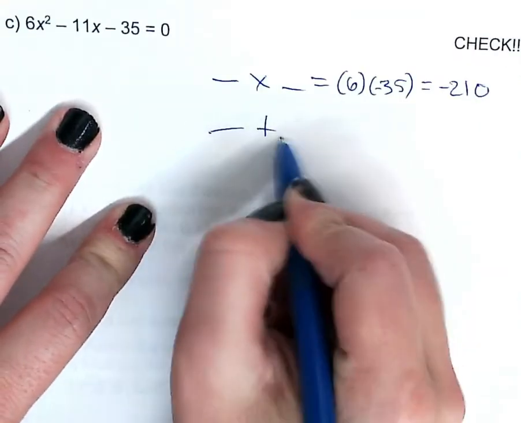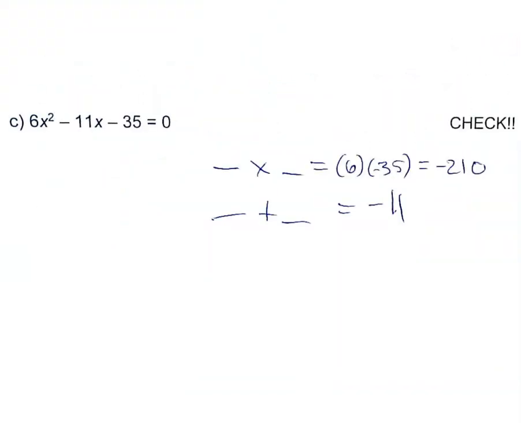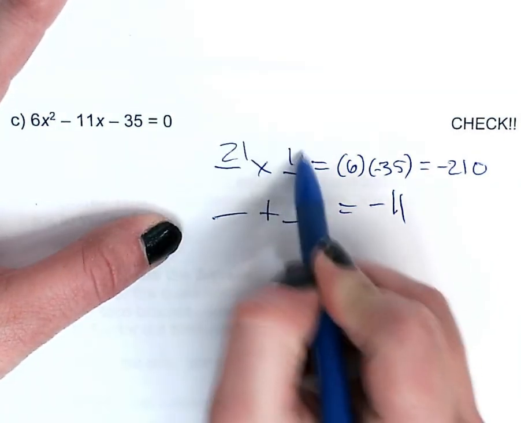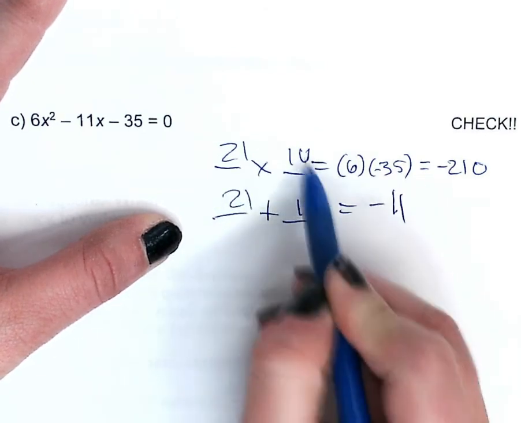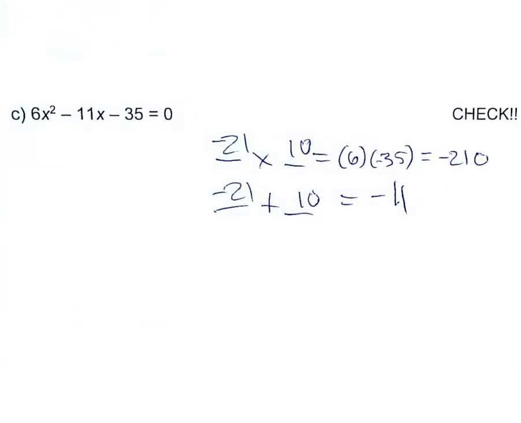And what plus what equals negative 11? Now it's a pretty large number, but it's a nice number because it's 210. So for me, I can see that 21 times 10 is going to give me 210. And I want there to be negative 11, so I'm going to make the 21 negative.